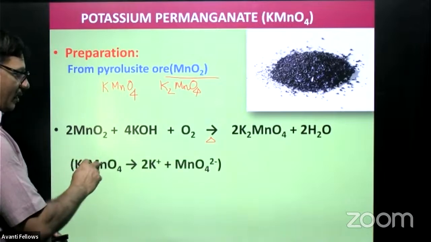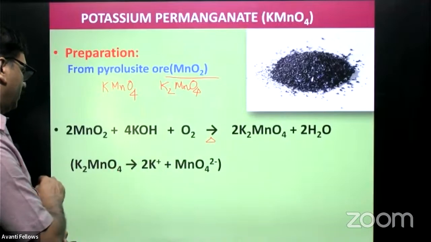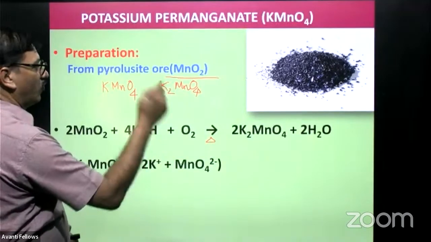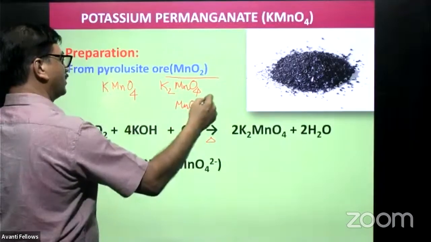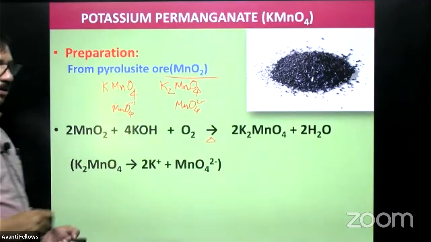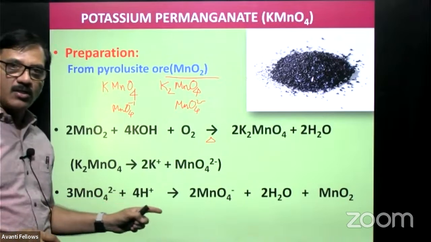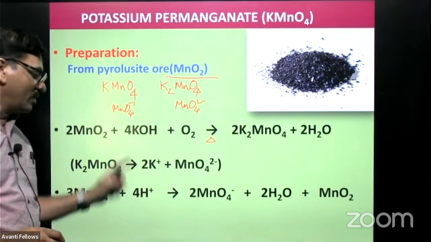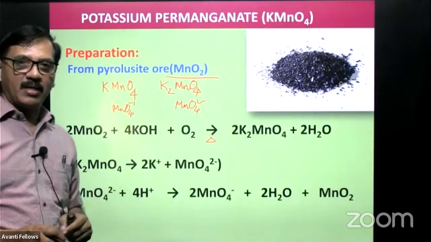This contains the MnO4 2- ion, whereas potassium permanganate contains the MnO4- ion. Now this can be converted by either acidification or by using Cl2, chlorine, to get potassium permanganate.